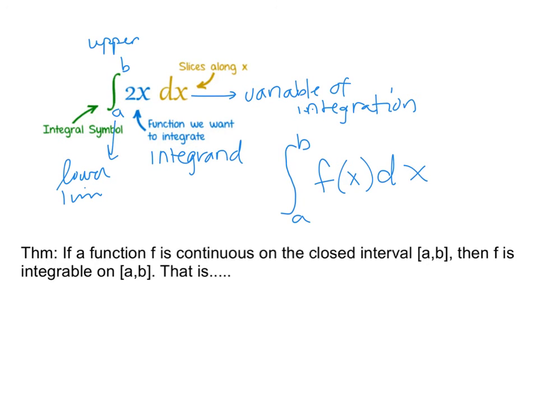Okay, so the theorem says if a function f is continuous on the closed interval from a to b, then f is integrable on a b. That is that if I have the integration from a to b of f of x dx, it has to exist. And that's what that means. That is, this exists.